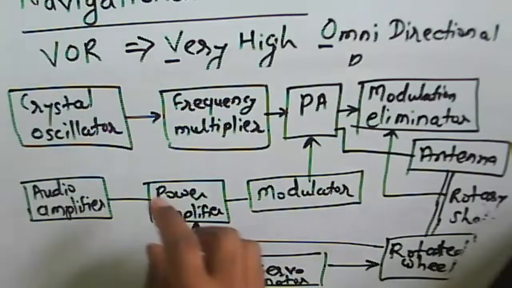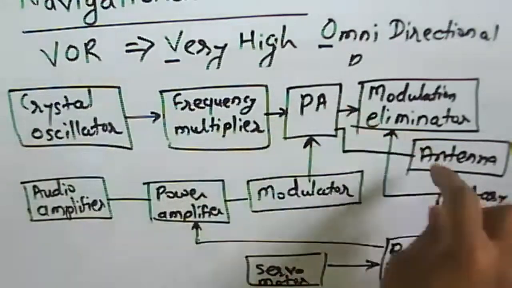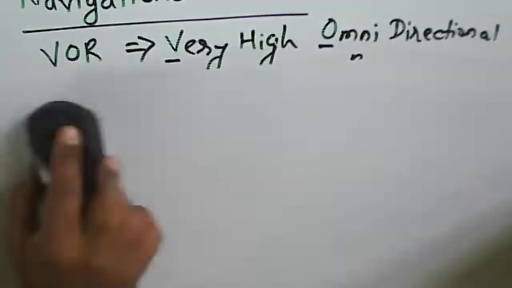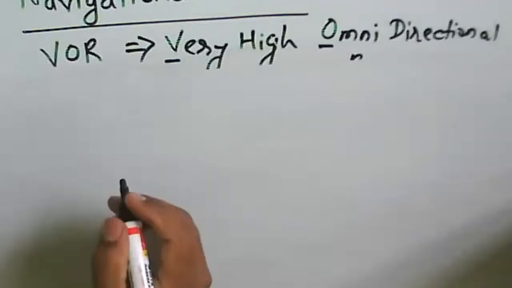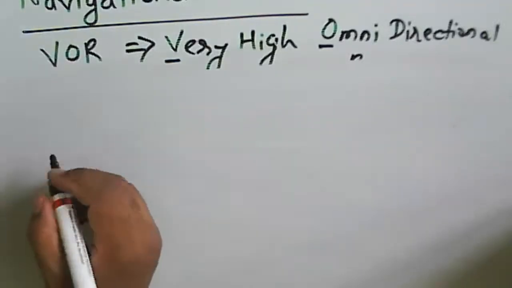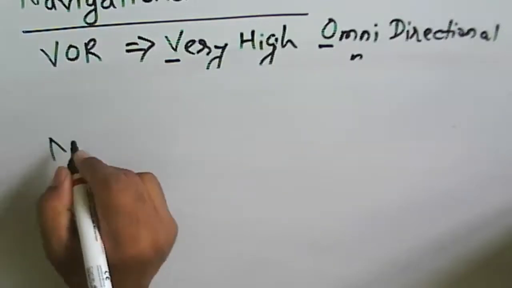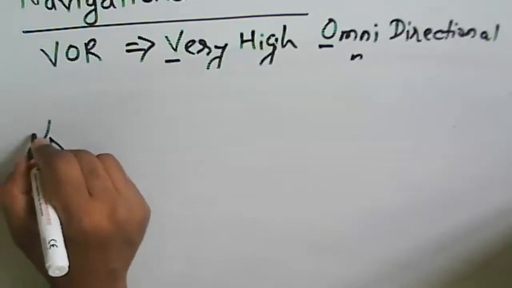We just remember that these are the signals to be given to the power amplifier, then to the antenna, and then the audio signal is to be transmitted here. Then at a receiver, the signal will be received by the antenna.